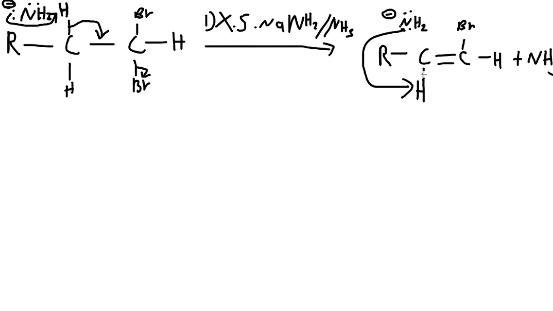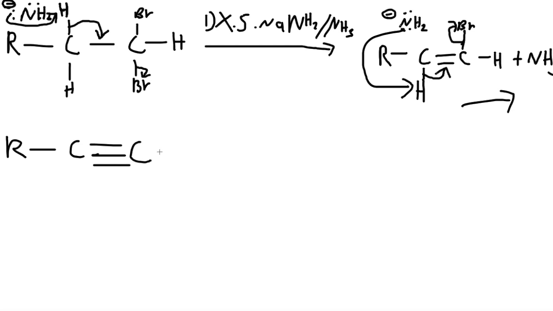This hydrogen gives off some electrons to form a triple bond over here. When it does that, it'll kick off this bromine by itself. So then again, our structure would look like this. Now we have that triple bond that we wanted, left with 1 hydrogen. Okay, but we want to get rid of this hydrogen.